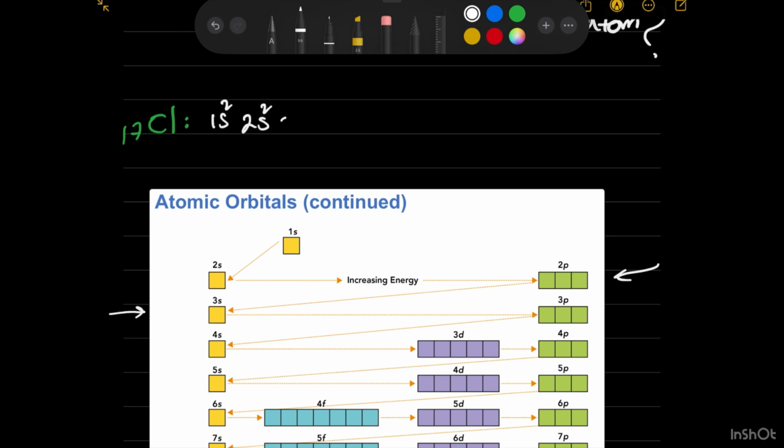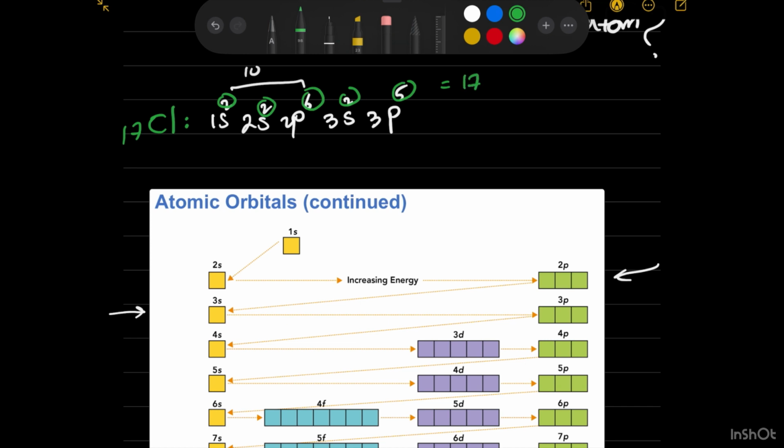So far we have 10 electrons. And after that we have 3s2, then we have 12. After 3s, we have to go to 3p. But how many electrons do we need? Actually, we need 5 electrons. So if you count the number of electrons here, 5 plus 2 plus 6 plus 2 plus 2, all of these will be equal to 17. That's why this is a good thing.